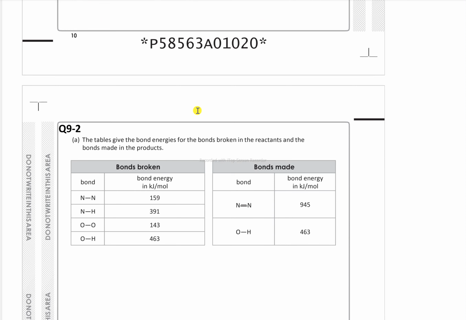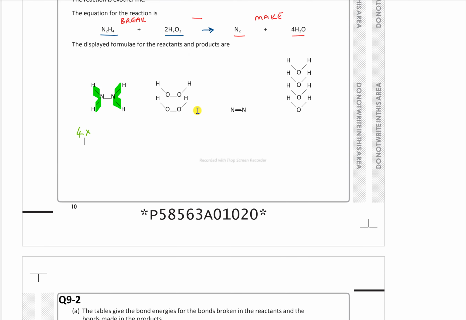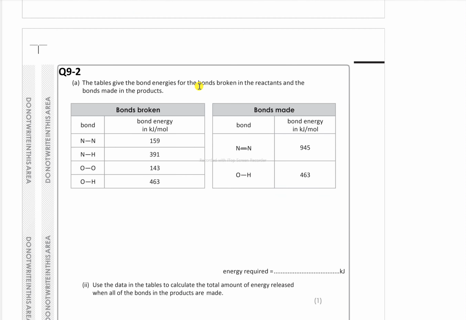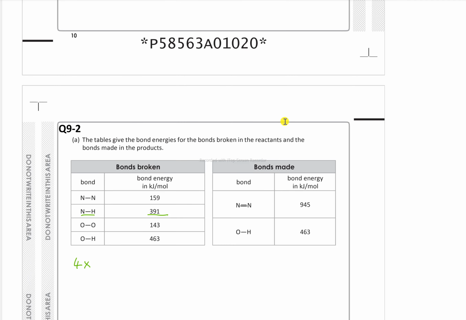Oh, there you go. This is a bit awkward. Right, okay, no problem. So we're going to write 4 times nitrogen hydrogen bond is 391.